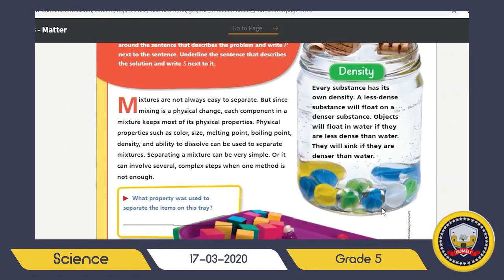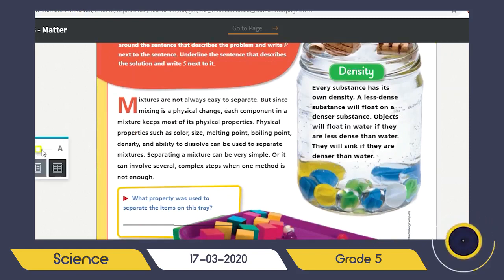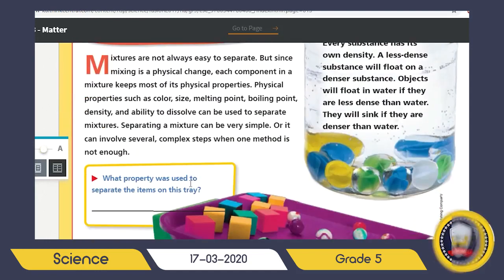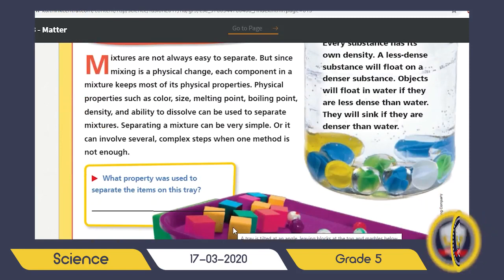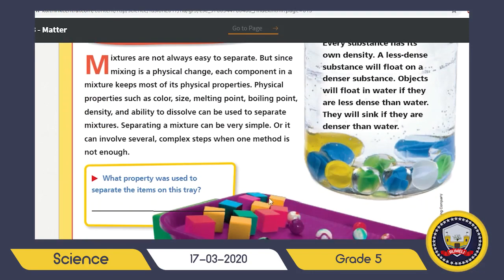So you will see another example here in your book. Let me show it to you. It is using marbles and some blocks, maybe toy blocks. When you look at this tray, you can see that there is also some property used to separate this mixture.